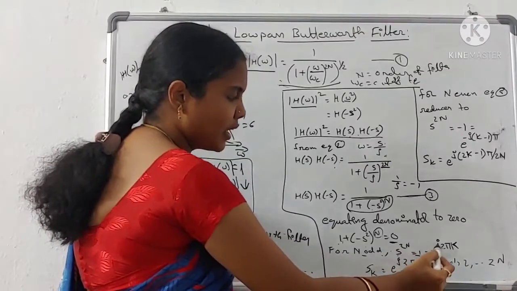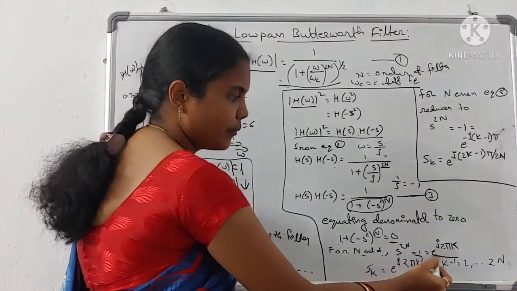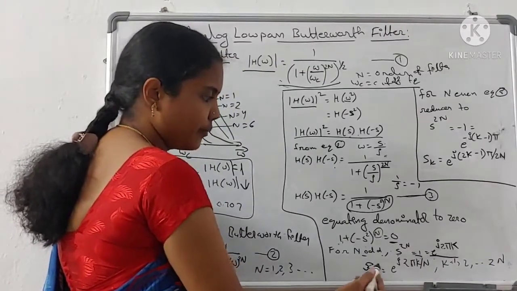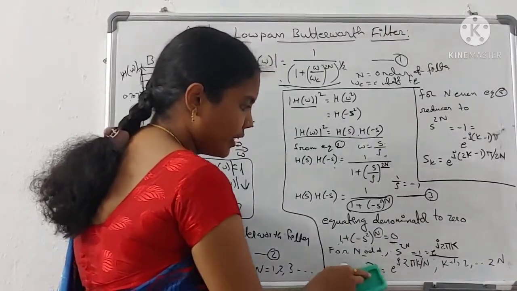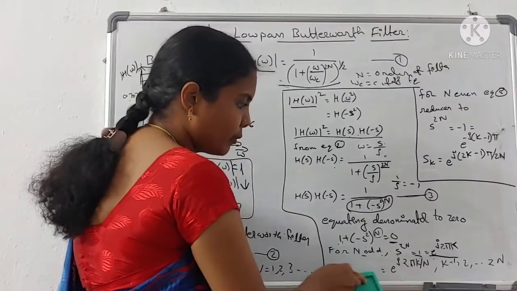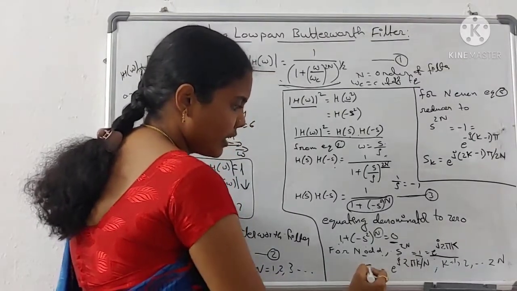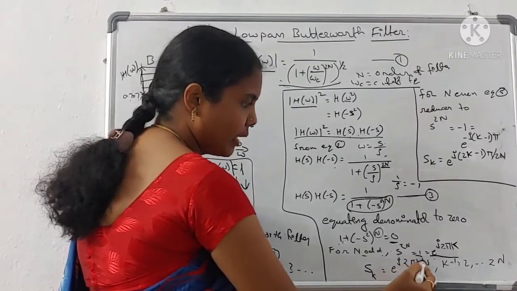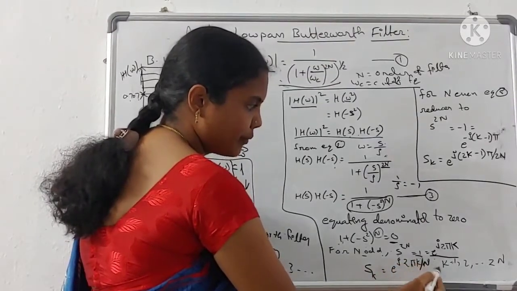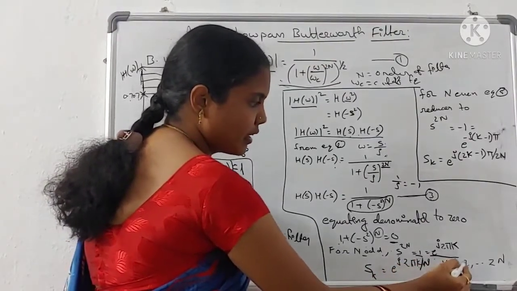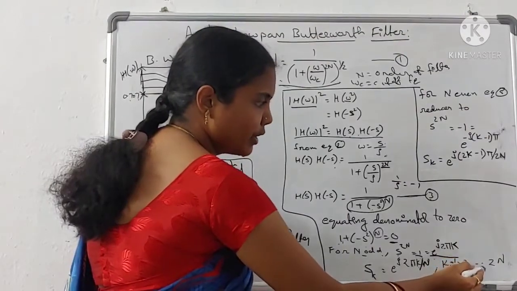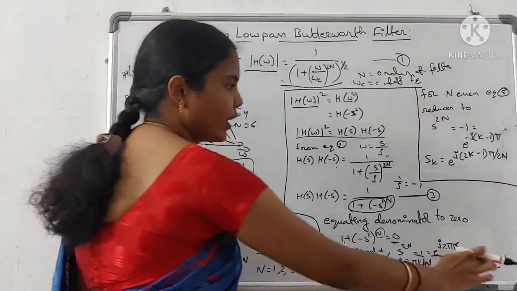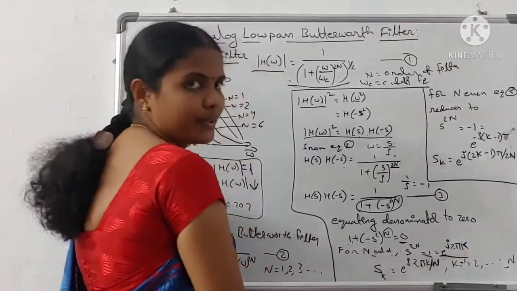So 1 is nothing but e power j 2 pi k. Now s suffix k: if you find the number of poles, s suffix k is equal to e power j 2 pi k by n. Here k takes the values 1, 2, 3 and so on up to n.